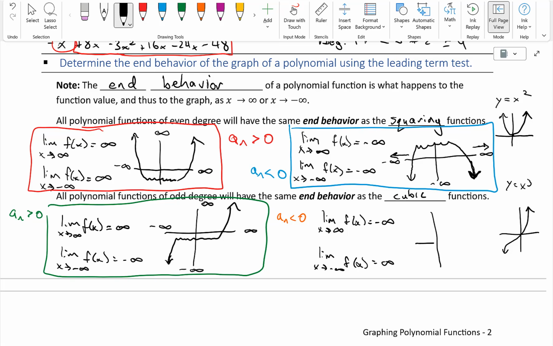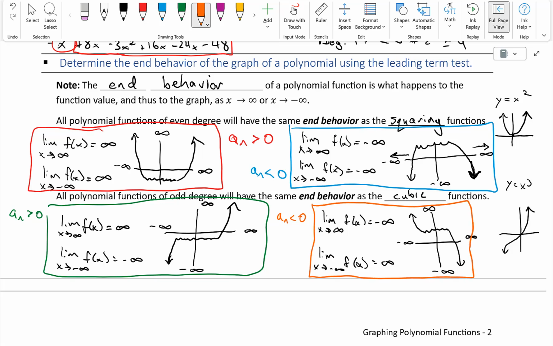So we're going to see that graph just flipped over. As we go out towards negative infinity, we'd be up towards positive infinity. We'll do some stuff in the middle, and then as we go out towards infinity, the graph's going to go down towards negative infinity.